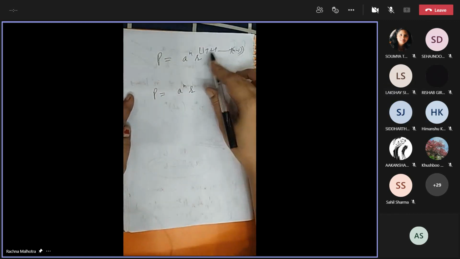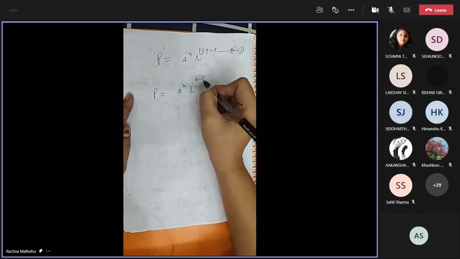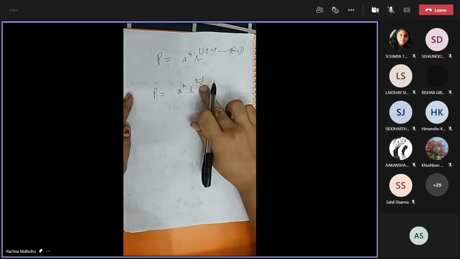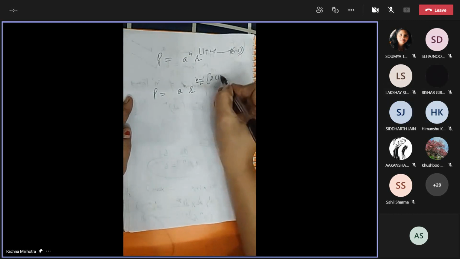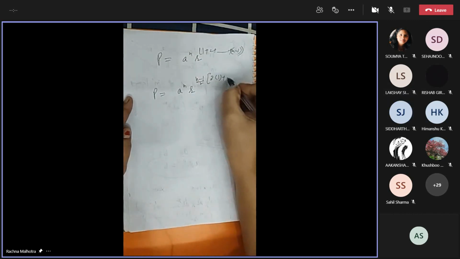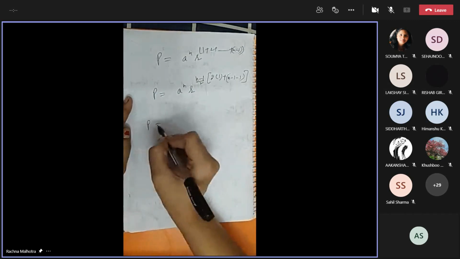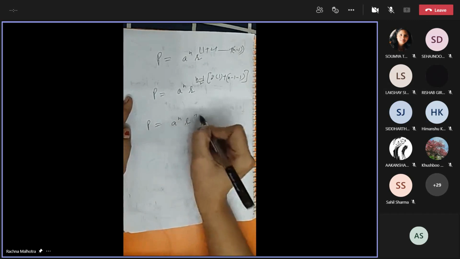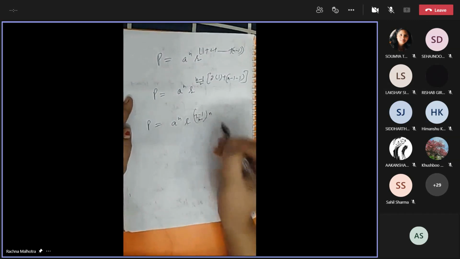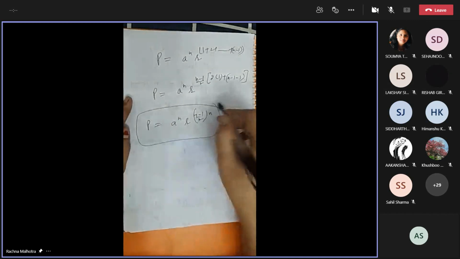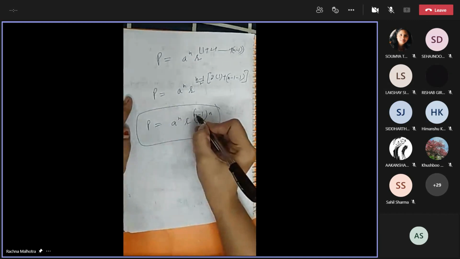So what is the formula for n minus 1 terms? Just replace n by n minus 1. So 2a is 1, n minus 1 again, d is 1. So you can write P, that is, this is n. So we have got P. Now we have found P.